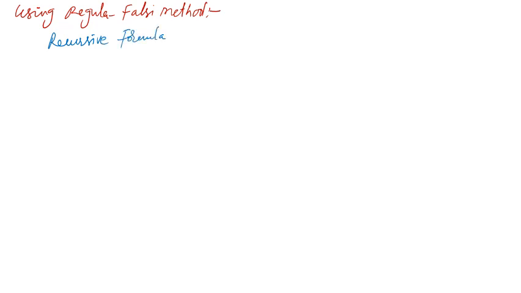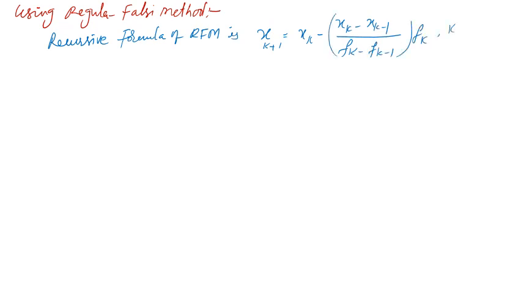Secant method is over. Now using regula falsi method. What is the formula? The recursive formula of RFM, regula falsi method, is the same formula: x(k+1) equal to xk minus (xk minus x(k minus 1)) by (fk minus f(k minus 1)) multiplied by fk, for k equal to 1, 2 and so on, with a condition.